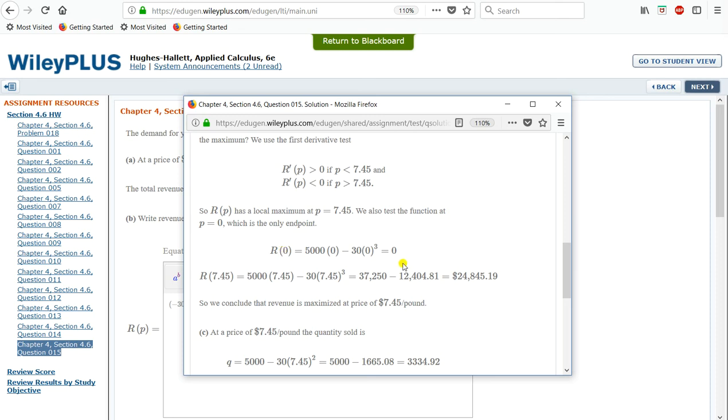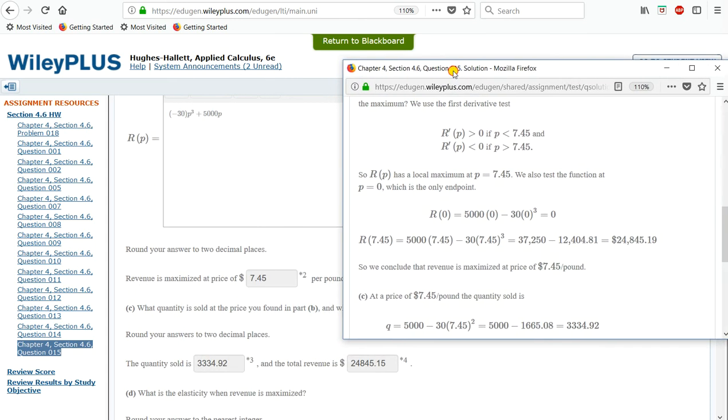So you started with 0 money, and now we use the critical point and find the revenue at that point, which is 24,000 something. So this should be the maximum value, and we can conclude that the revenue is maximized when the price is 7.45 per pound.